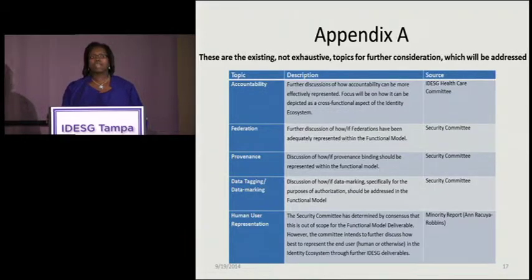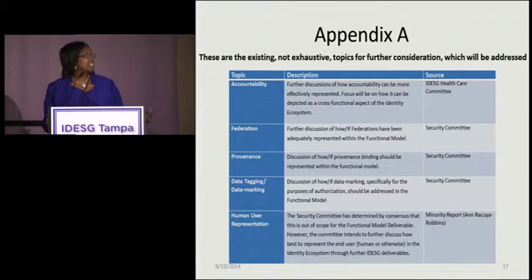Thank you, Ann. And as it says in the appendix, the Security Committee determined that human user representation in the minority report was out of scope for the current functional model. So it's not being appended at all to the actual functional model, but the committee intends to further discuss how to best represent the end user.